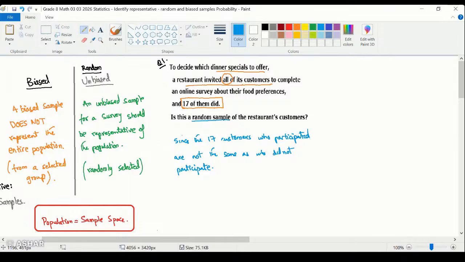So they are doing 17 out of that, right? We can say it is not random. Agreed? We'll do a few questions and we'll have a better idea, okay?